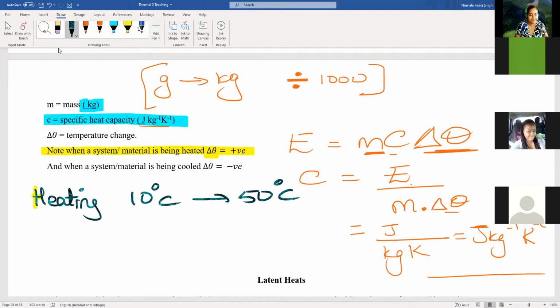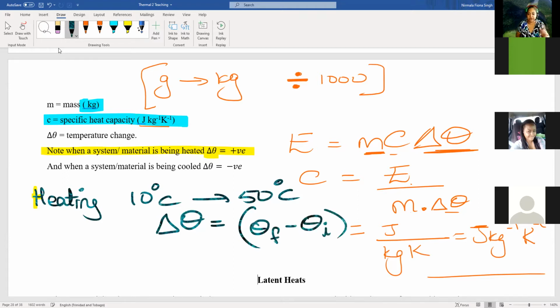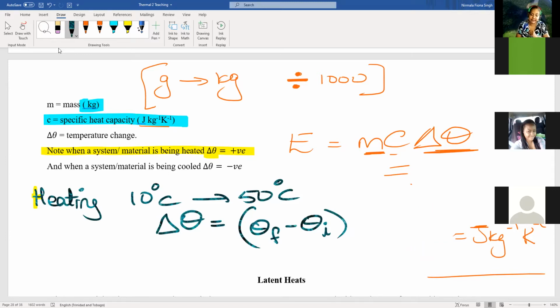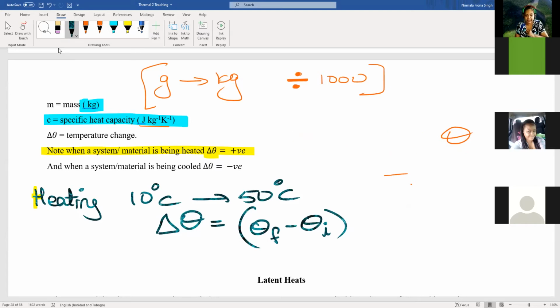If I were to find my change in temperature, it is always my final temperature minus my initial temperature. Let's get it right because children get this wrong sometimes. The numbers in this topic make a difference. The signs make a difference. Positive indicates heating, negative indicates cooling. So if you start getting negative signs, make sure you are dealing with the right conditions.